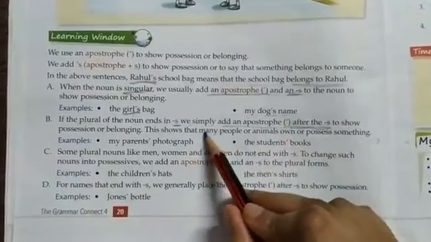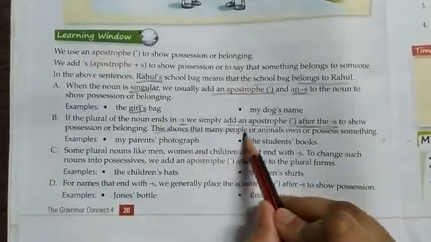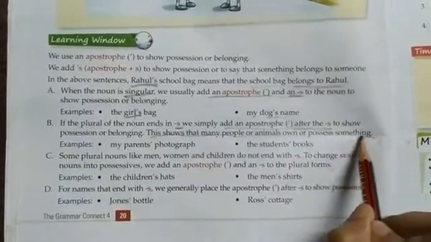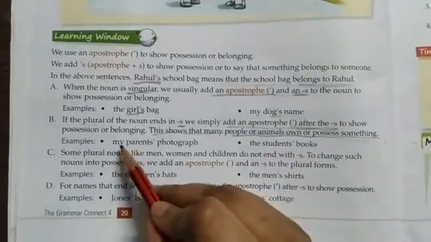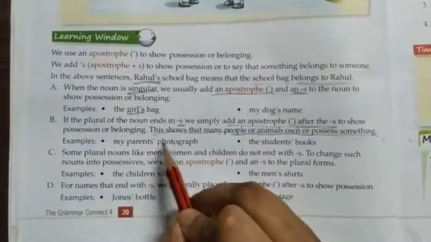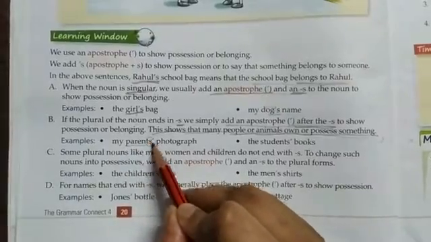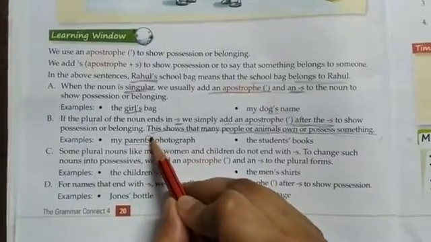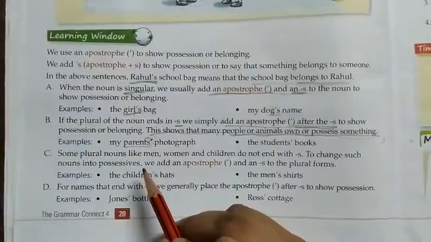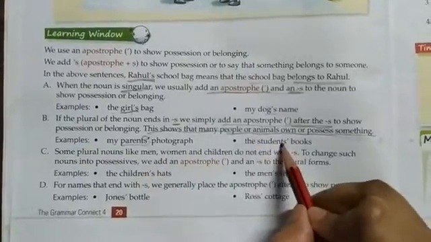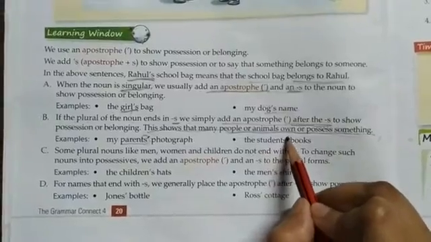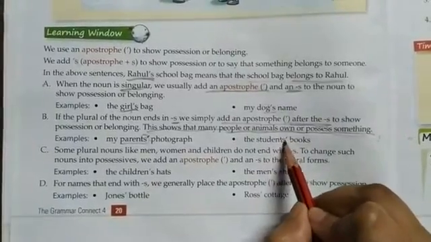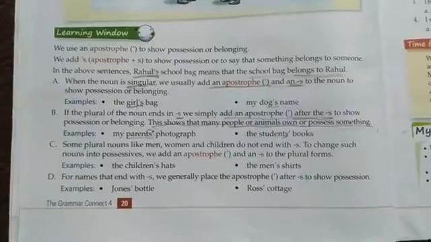They have something that belongs to them. See, for example, my parents' photograph. S is already there, so we just add one apostrophe after that S. Similarly, the students' books means the books belong to the students. That is why we just add an apostrophe after the S.